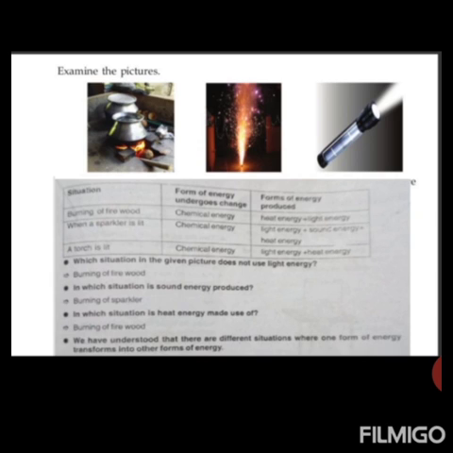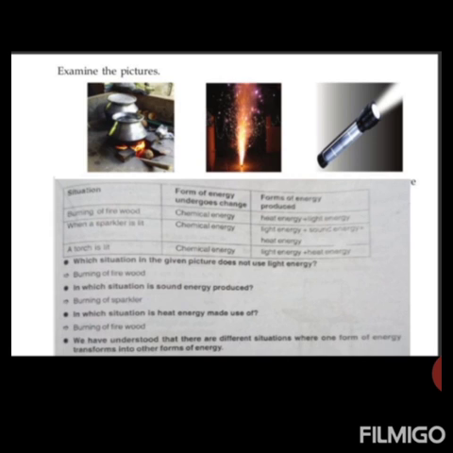Now when a sparkler is lit, the chemical energy stored in that sparkler is changed into light energy, sound energy and heat energy. So when we light the sparkler, sound is there, light is there and heat is also produced.